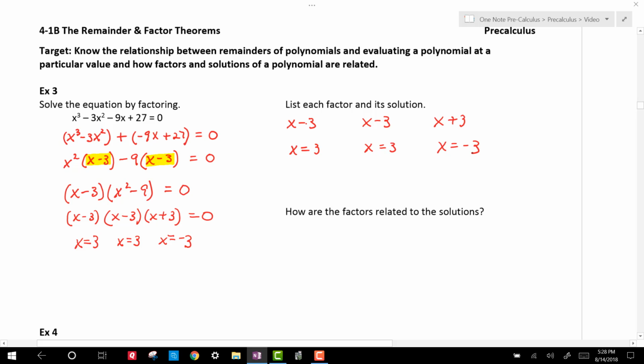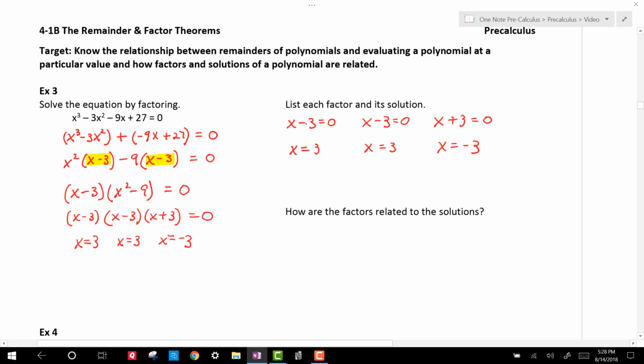So part of what we're talking about here today is the relationship between factors and solutions. If I have a factor of x minus 3 and I set it equal to 0 and solve it, and I do this to each one of them, there are the factors, each set equal to 0.